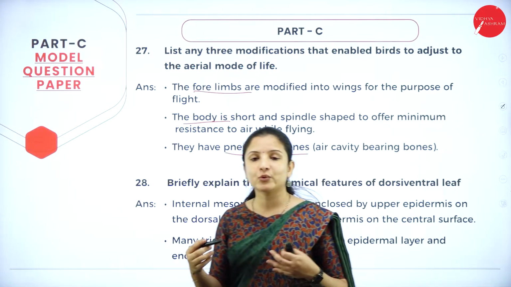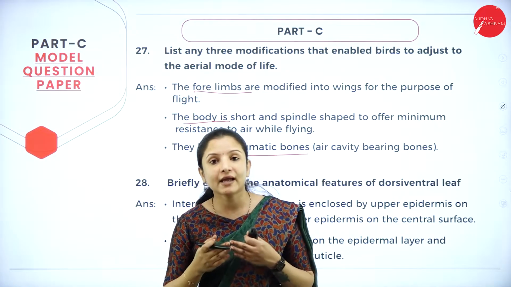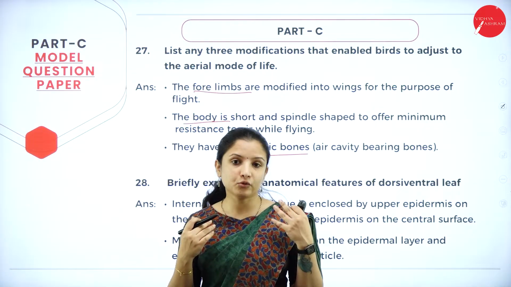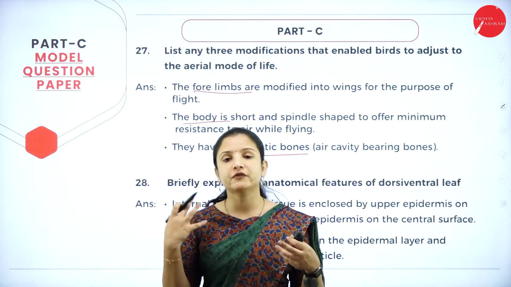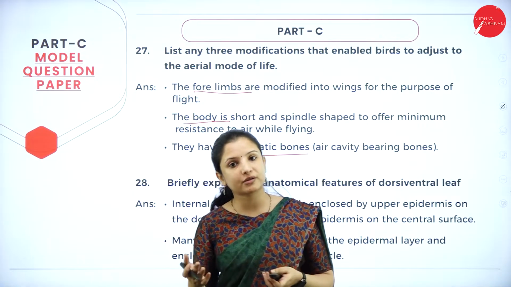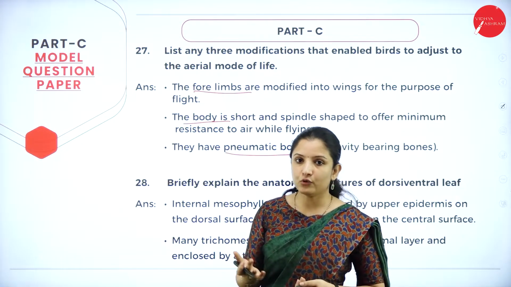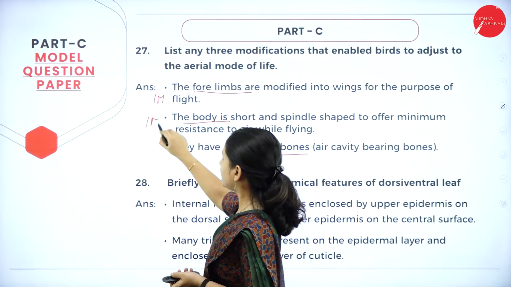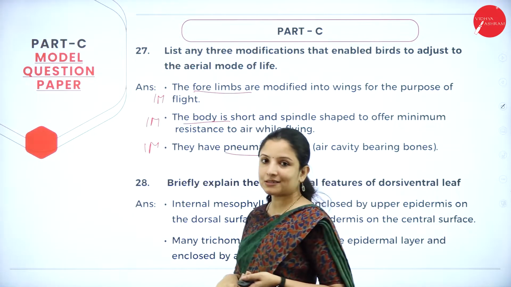The bones are filled with air cavities, right? So they have hollow bones, or if you forget, that is pneumatic bones. They are called pneumatic bones. If you forget the word pneumatic bones, you can also write it as they have hollow bones. Like that, 3 marks you write. Each point will carry 1 mark. You will get 3 marks here.